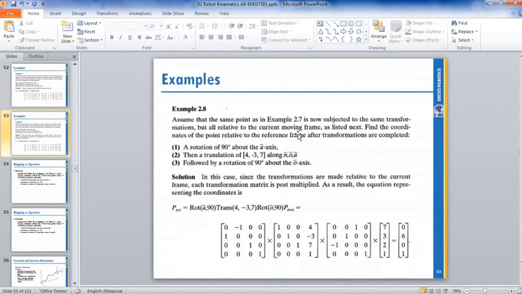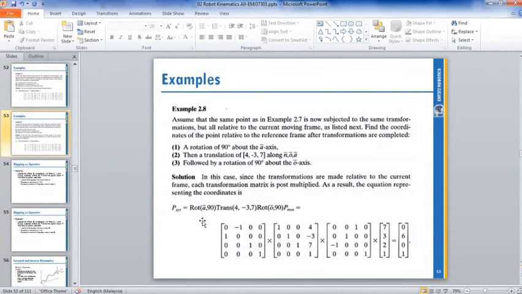So you're going to do it between frame to frame to find the coordinate relative to the current moving frame. You move your frame, so it is relative to the current moving frame. So this one we write from left to right.